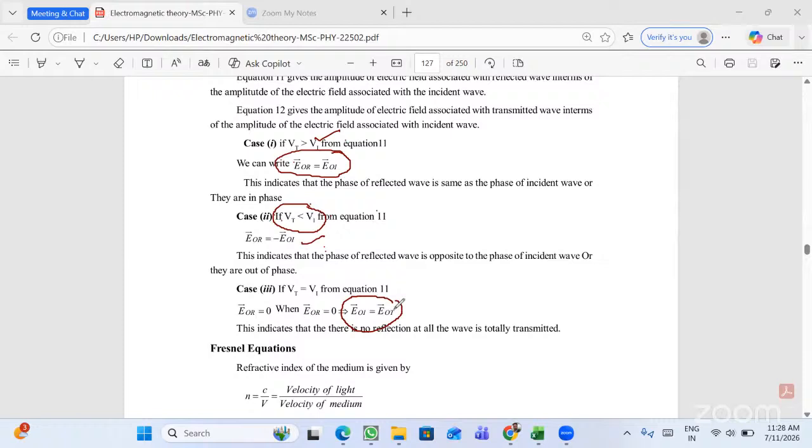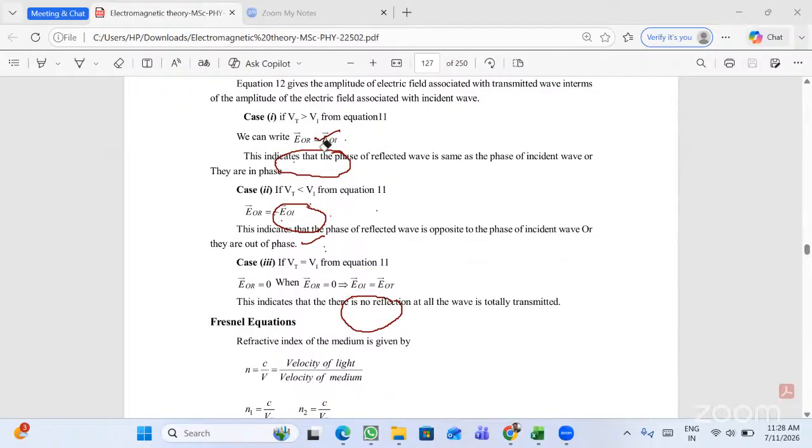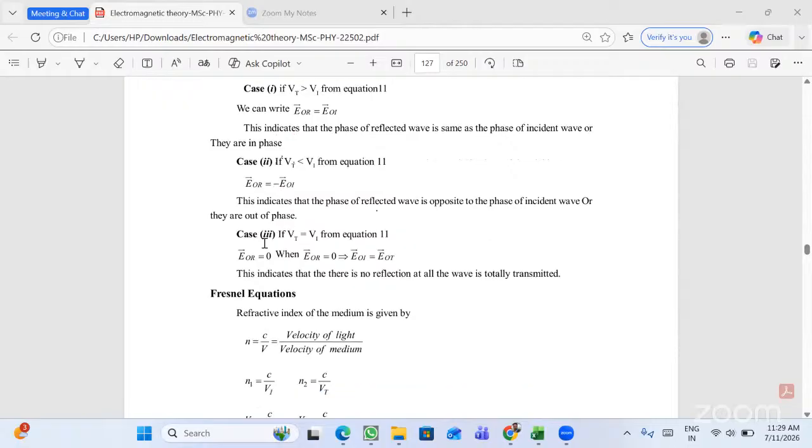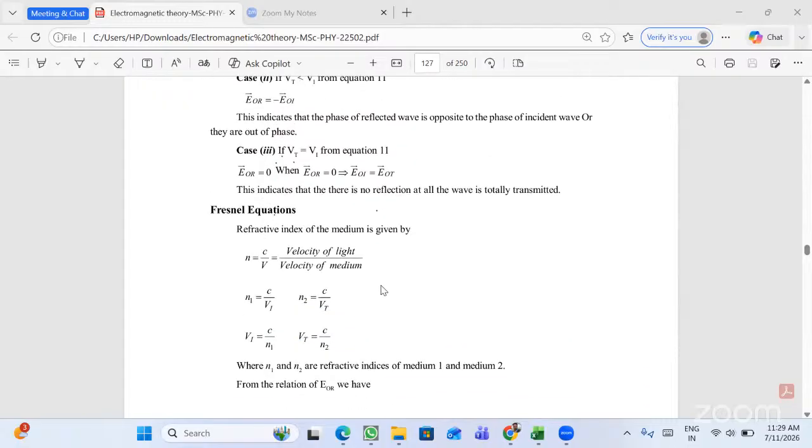So these are the reflected and incident waves in different mediums, and the equations for them you are going to get in a different manner. Now we will see Fresnel's equations. Don't get confused, you are going to get Fresnel's equations in different cases. Here we'll get the Fresnel's equation.